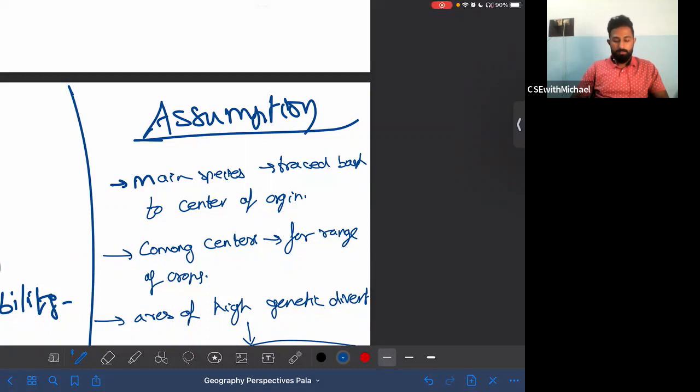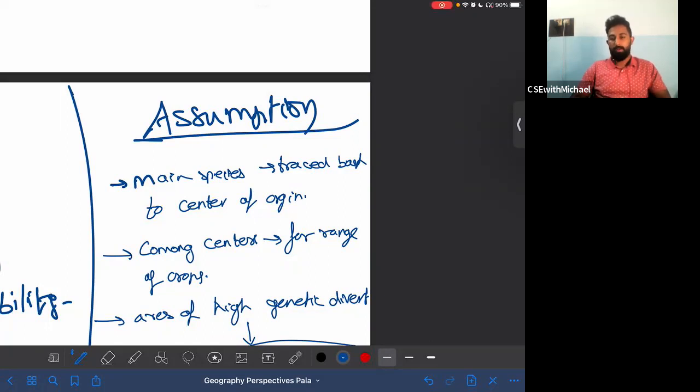And hence, gene pool centers are associated with high biodiversity with respect to genetic, species, and ecosystem levels.